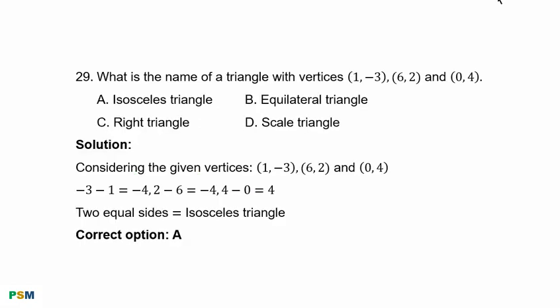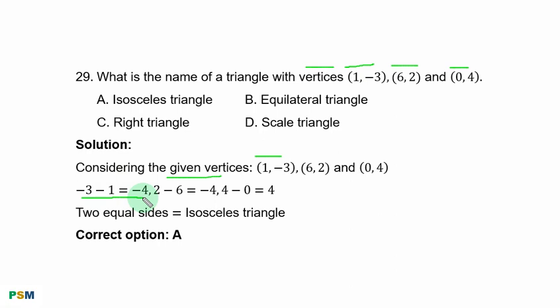Question 29. What is the name of a triangle with vertices this, and this? Solution. Considering the given vertices, you simply subtract them. So you have minus 3. You start with the second point. Minus 3 minus 1, that is minus 4.